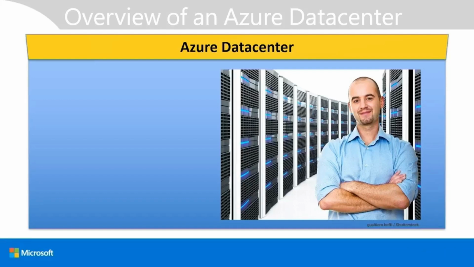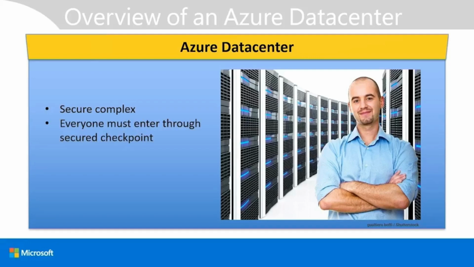Well, you could if you were approved to do that. I guess you can't just walk into an Azure data center. It's a secure complex, and everyone who enters it must go through a secure checkpoint. In fact, Azure regions are surrounded by a secure perimeter fence, so you could drive up to it, but you'd be driving up to that perimeter fence.